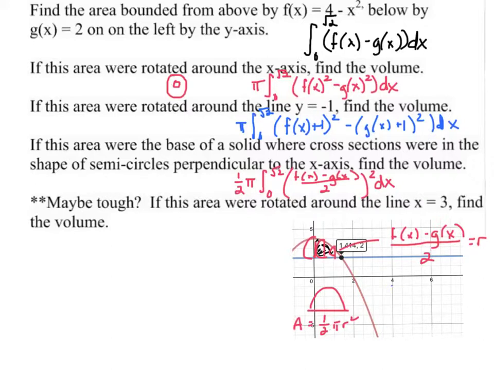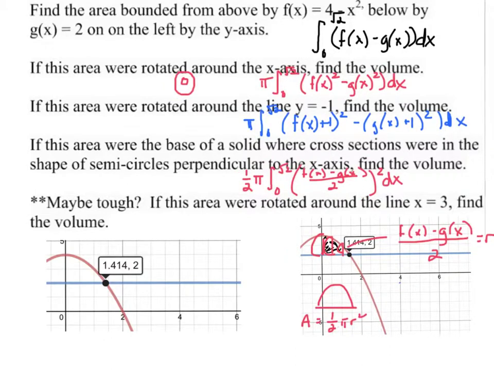If this were rotated around the line x equals 3. Well, let me put in one more graph here so I can actually draw that. So x equals 3 is right here. So if I rotated it, I'd end up with something like this.